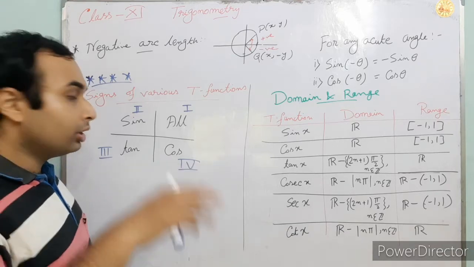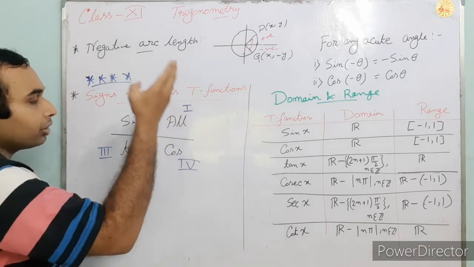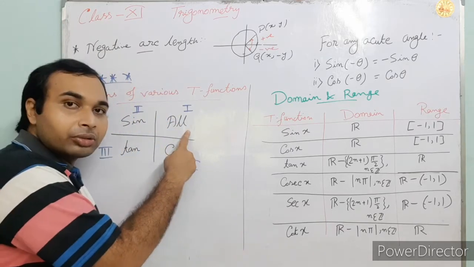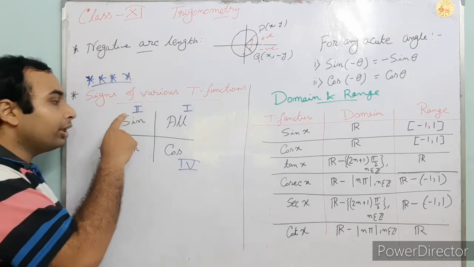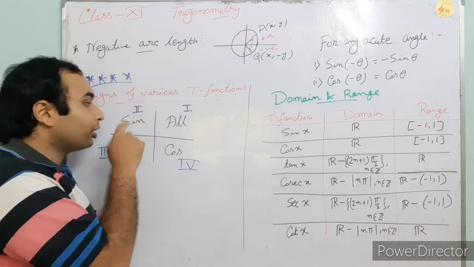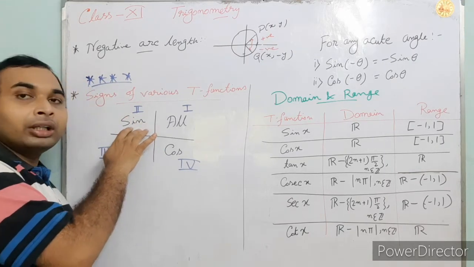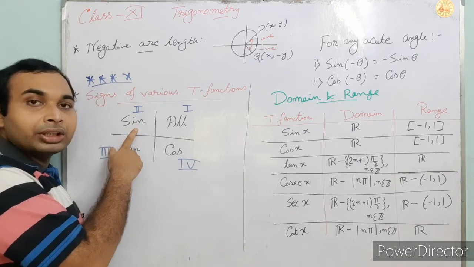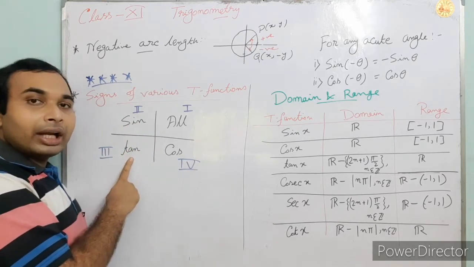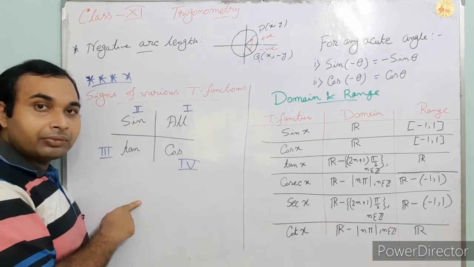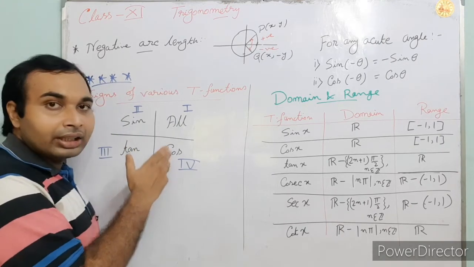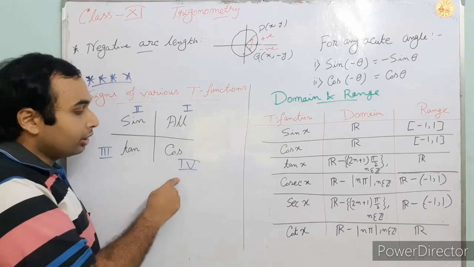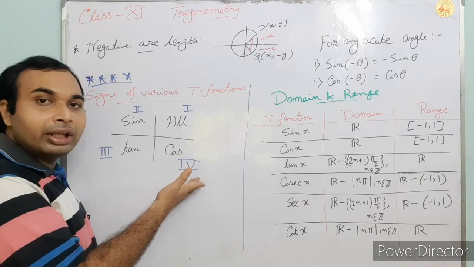All means all the trigonometric ratios have the positive sign in the first quadrant. Similarly, sine and cosec have the positive sign in the second quadrant. Tan and cot take the positive sign in the third quadrant, and cos and sec take the positive sign in the fourth quadrant, and all the other trigonometric ratios take the negative sign.